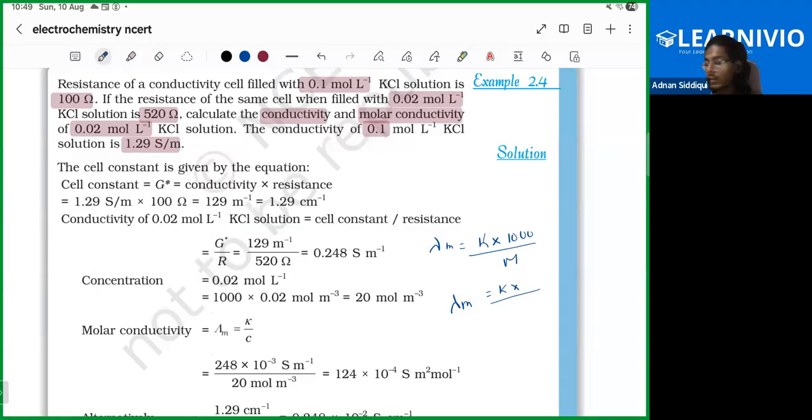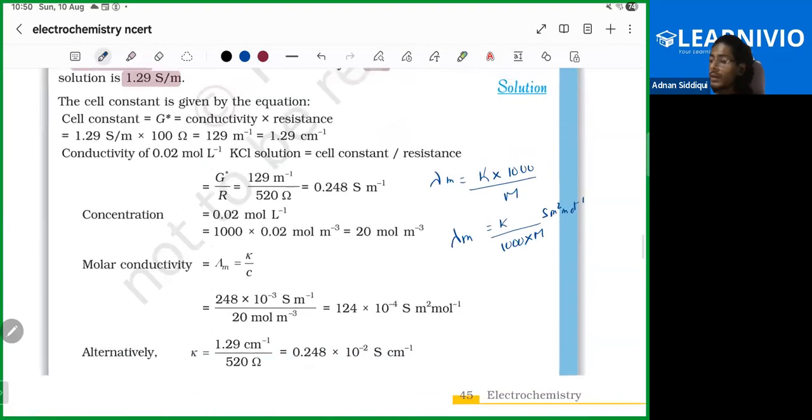K into 10 by M, into 1000. Not 10 by M. Something like this, I hope. For meters, Siemens meter square mole inverse. Okay, sir, K by 1000 M. K by 1000. So we have to use this formula.